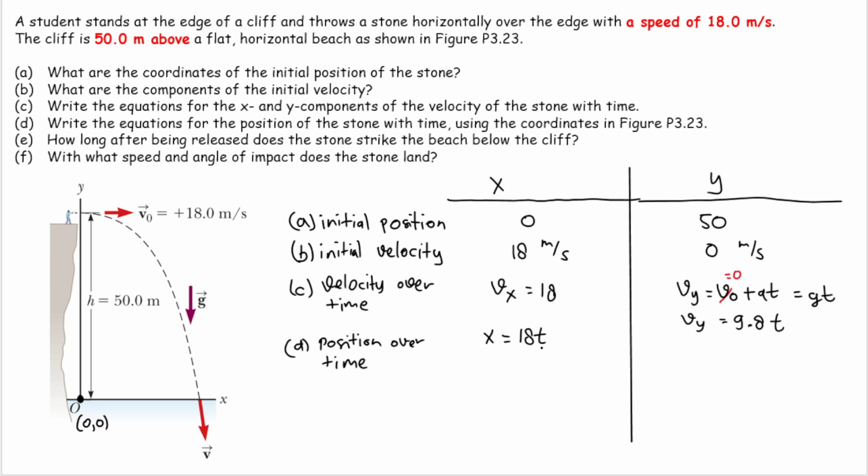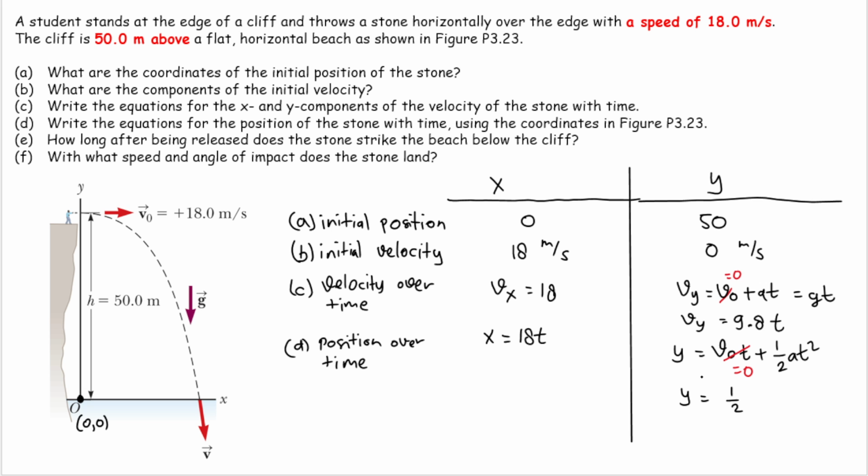But then in the y direction, remember that we have the formula for the distance with some acceleration. So I will have y0 plus v0t plus 1/2 at squared. And we have no initial velocity in the y direction, so this one will equal 0. And the acceleration is g. So y is equal to 1/2 g t squared.